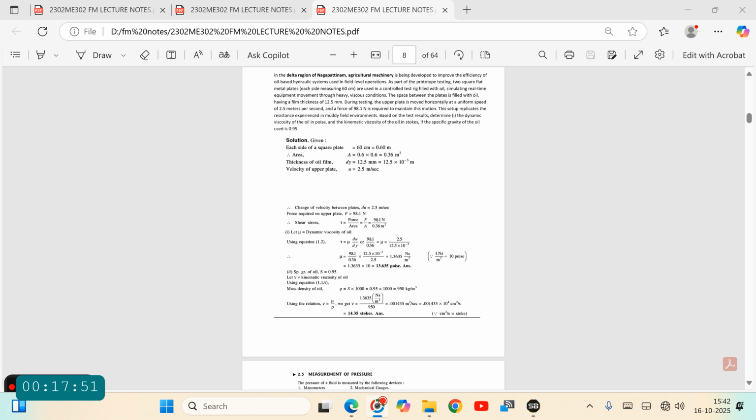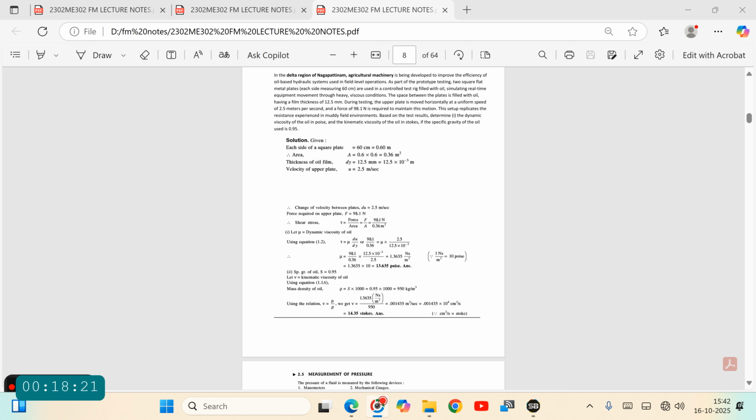As part of prototype testing, two square flat metal plates, each side measuring 60 cm, are used in a controlled test rig filled with oil, simulating real-time equipment movement through heavy viscous conditions. The space between the plates is filled with oil, having a film thickness of 12.5 mm.